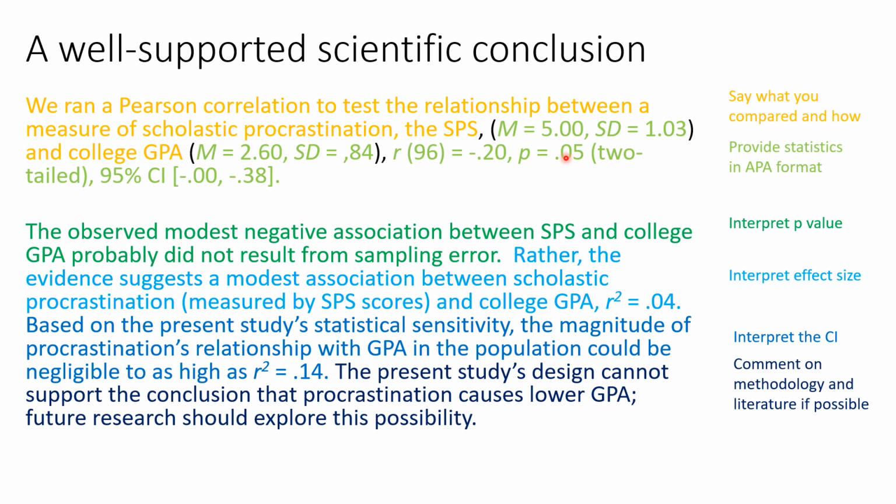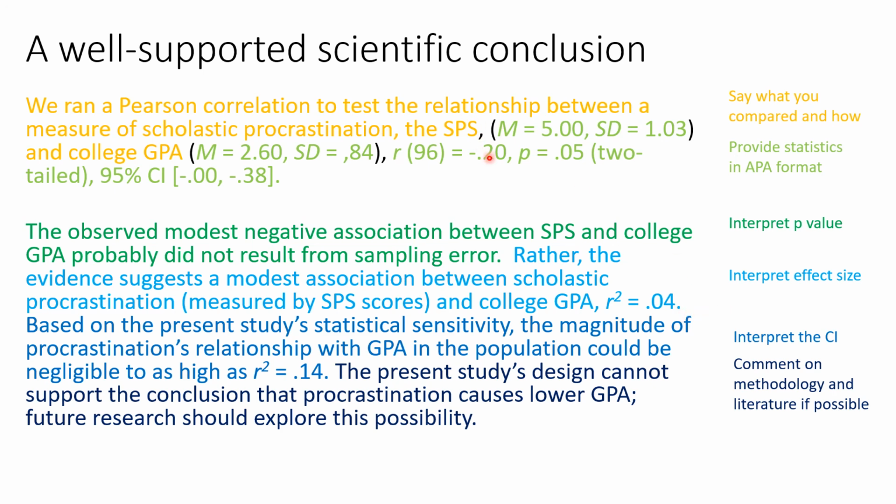Next, we want to talk about the effect size. So then we go, the evidence suggests that a modest association between scholastic procrastination measured by the SPS and college GPA. And then I just inserted R squared there.